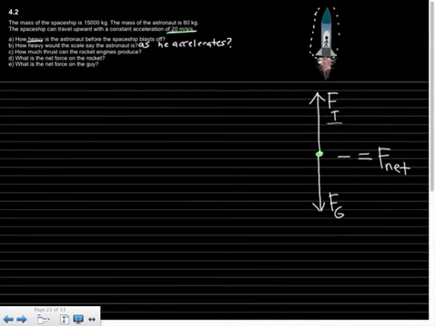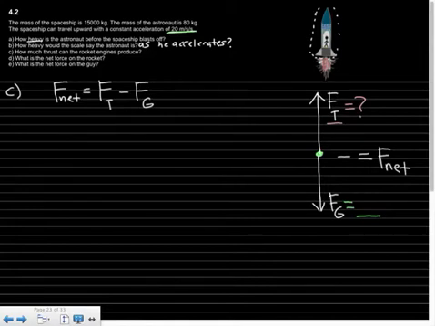We're looking for the thrust force. So this minus whatever the force of gravity equals will equal whatever the net force equals. So let's figure that out. So the net force is m times a. You got it. And that is going to equal the thrust force minus the gravity force.